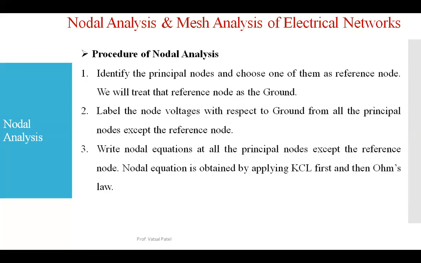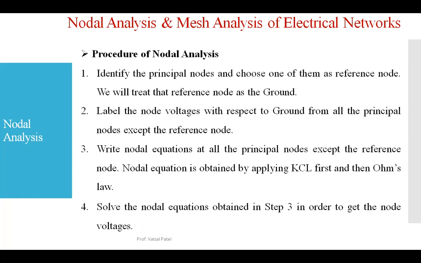The third step is to write the nodal equation at all the principal nodes except the reference node, which you do by applying KCL first and then Ohm's law. I will show you the step-by-step procedure in the example in our next session, but just remember these steps. The last one is to solve the nodal equations obtained in step 3 to get the values of the node voltages.